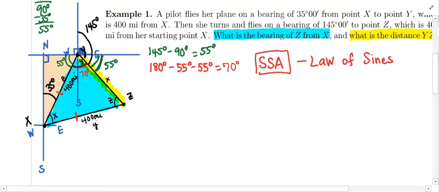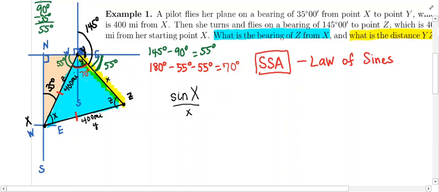We are interested in finding side lowercase x, which is the same thing as, sorry, YZ, that line segment. So we definitely want to involve side lowercase x, which means we're going to involve angle X. However, if I did sine of angle X over lowercase x, that is going to be a problem, even though we're solving for lowercase x, because it involves 2 unknowns.